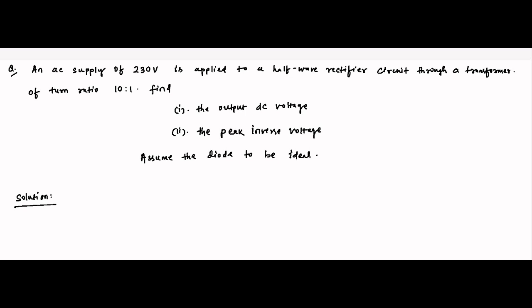So let us draw the circuit here. Here we have an AC supply voltage of RMS value 230 volt, and we have a step down transformer which is used.